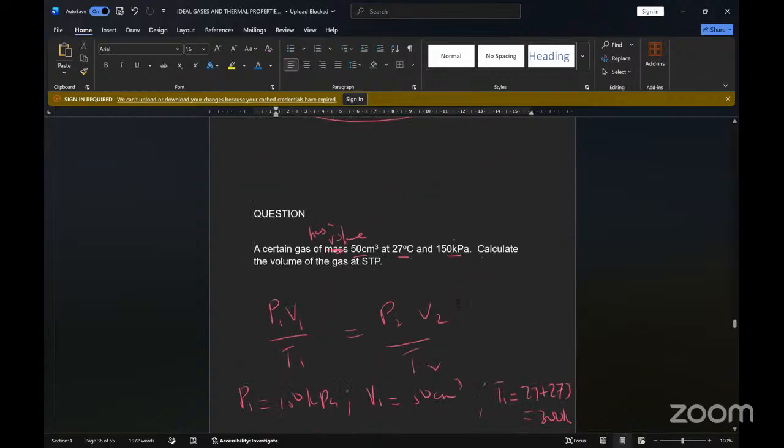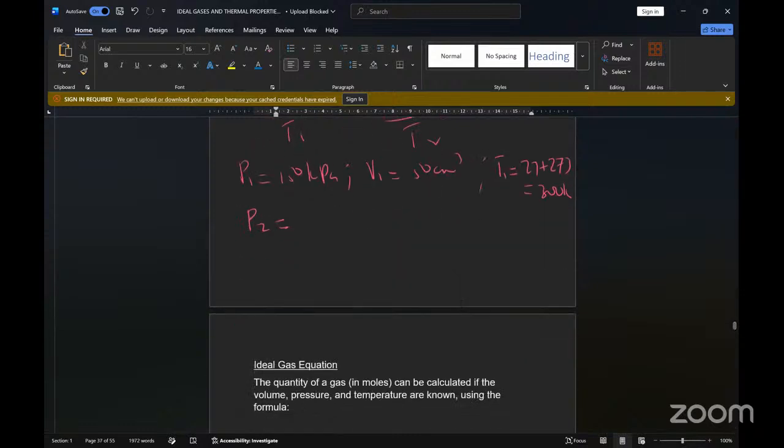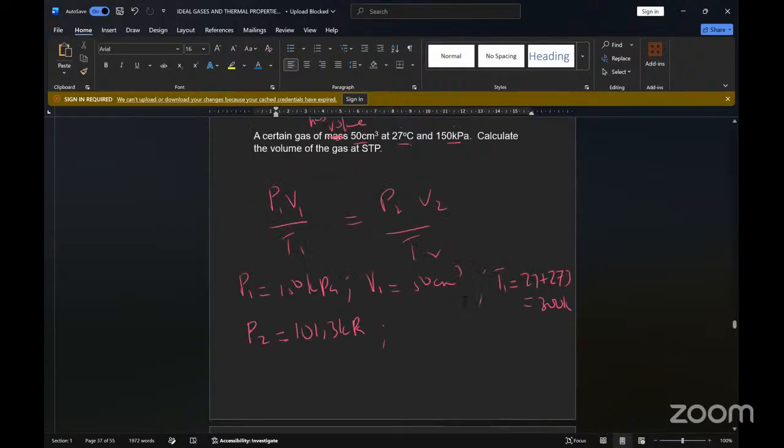So your P2 for the STP is 101,3 kilopascal. And then your temperature T2 is 0 degrees Celsius, which is the same thing as 273, because it's 0 plus 273.